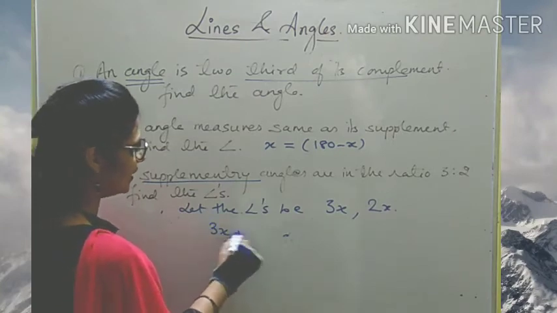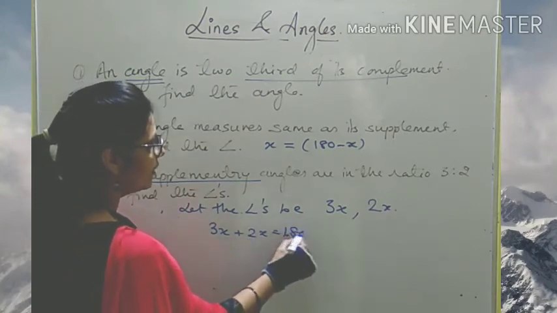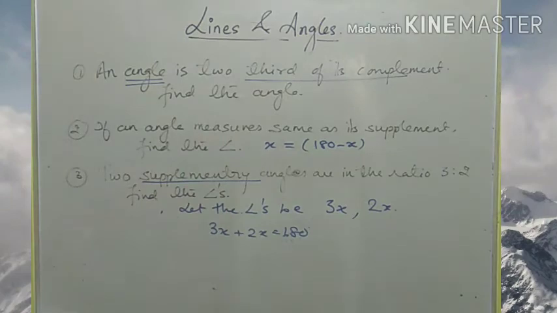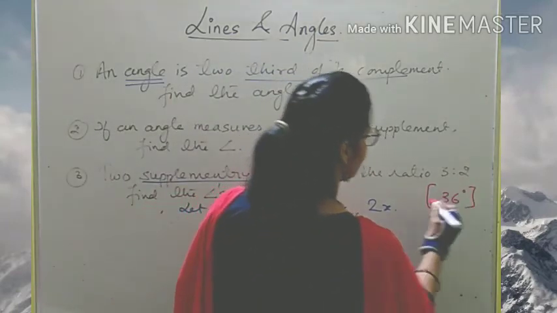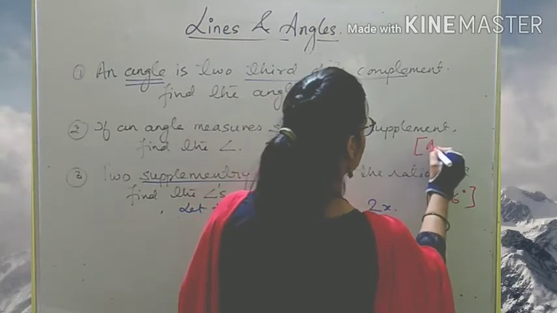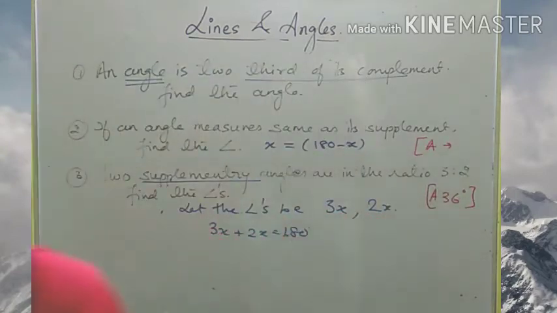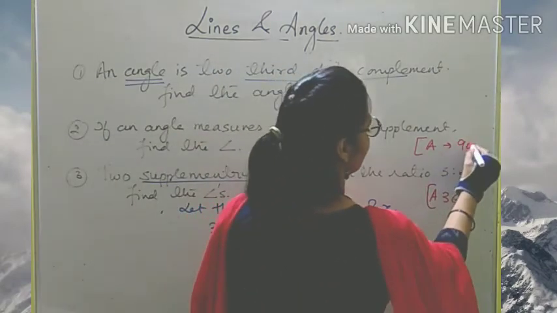So what will we get? 3x plus 2x equals 180 degrees. And by solving this, we will get the answer. So when you solve, the answer for this question will be, कितना आना चाहिए? 36 degrees. This is the answer for this. And the answer for the other, from 180 minus x, is 90 degrees.